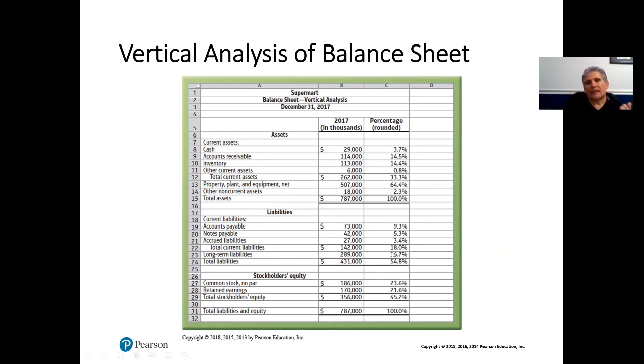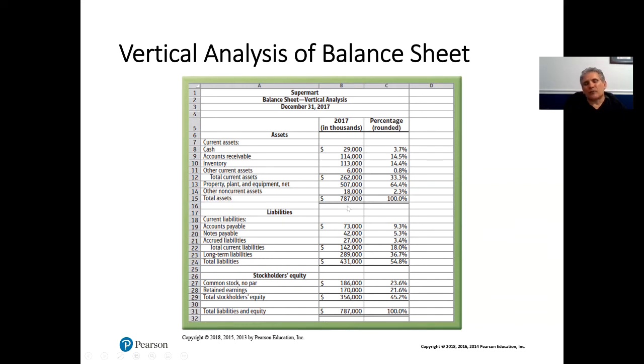And what the common size balance sheet means is that Supermart, you see this is relatively small, $787,000 in total assets. Try to compare this to, let's say, Save Mart. Save Mart's a grocery store, right? I think it is. Anyway, Save Mart is going to be in the billions of dollars.